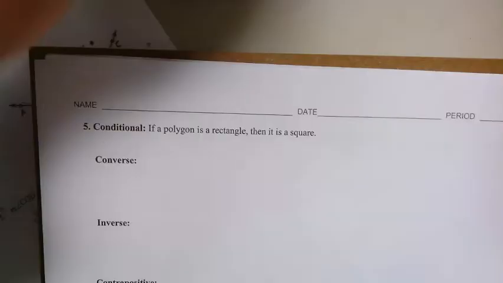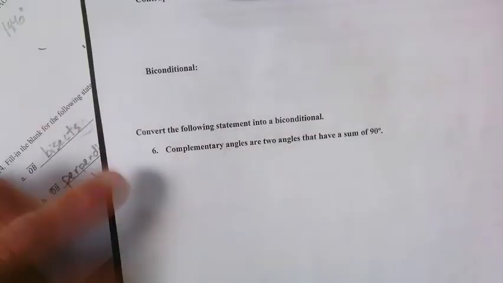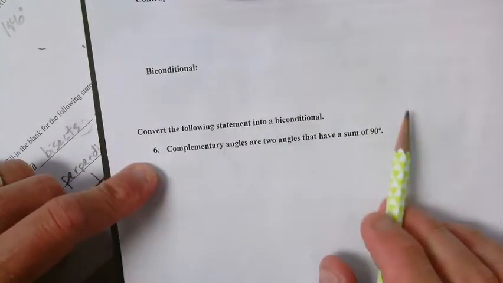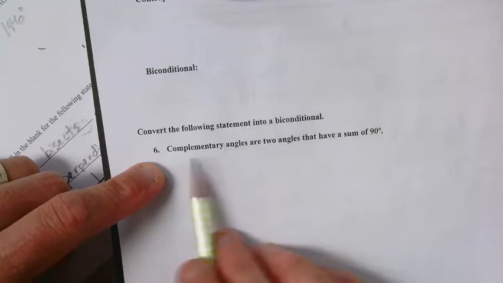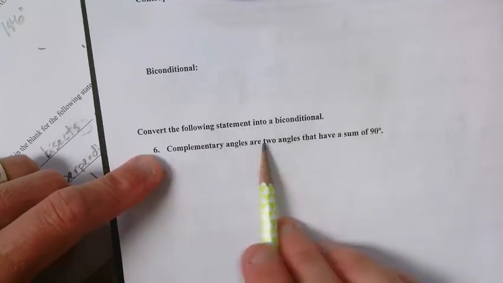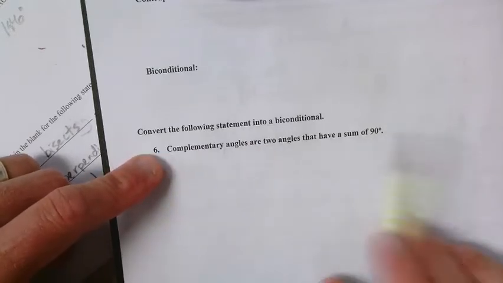All right, last thing I wanted to cover with you was this. In order to write a biconditional, I can convert the following statement into a biconditional. I can convert this into an if-then statement. Complementary angles are two angles that have a sum of 90. So I'm going to put my slash right there.